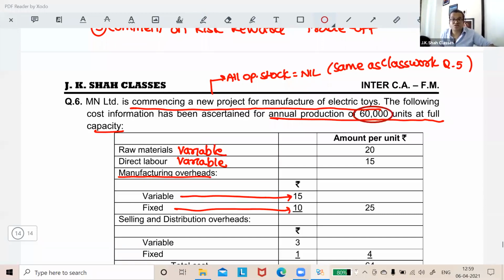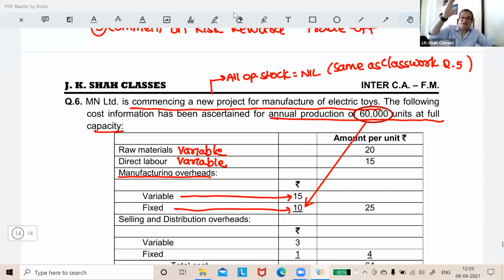So if you produce 60,000 units, the fixed cost comes to 10 rupees per unit. That means your total fixed manufacturing expenses would be how much?